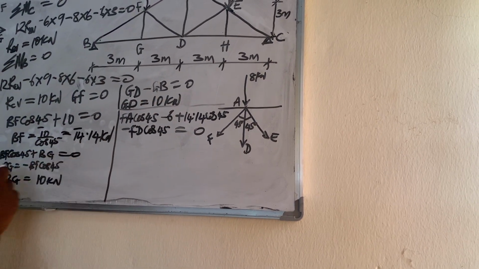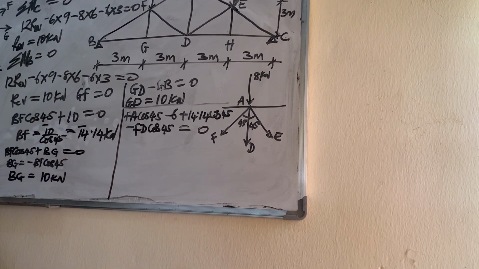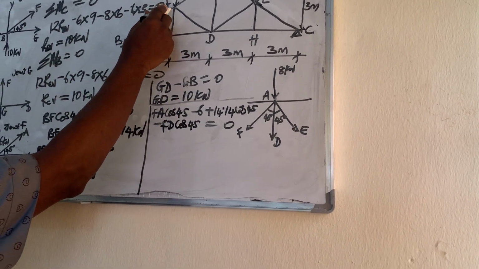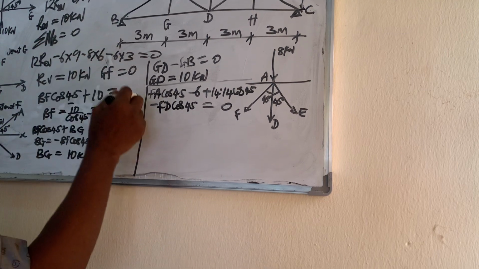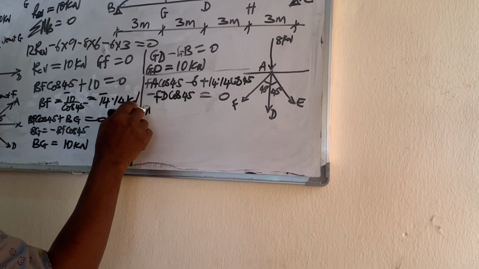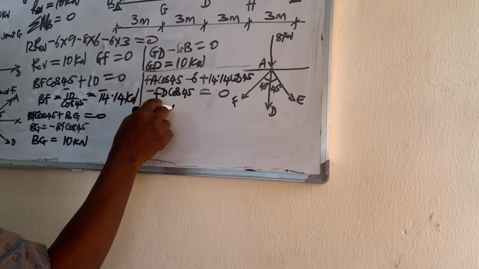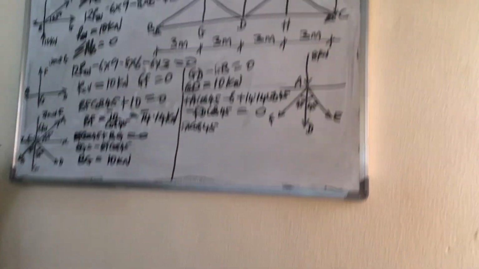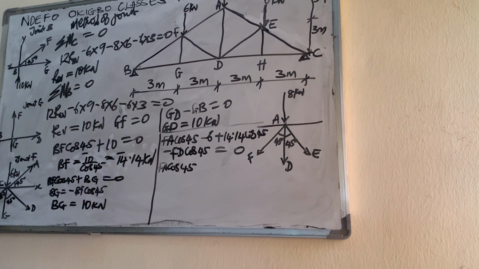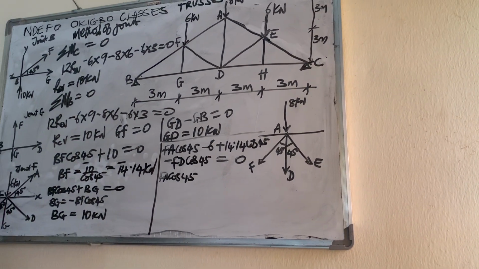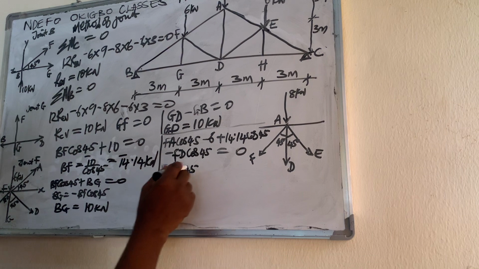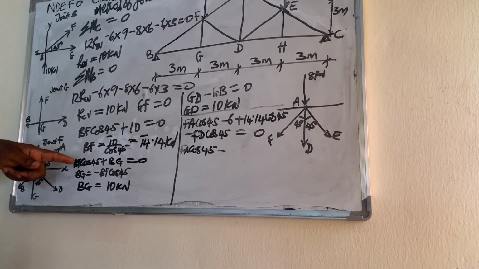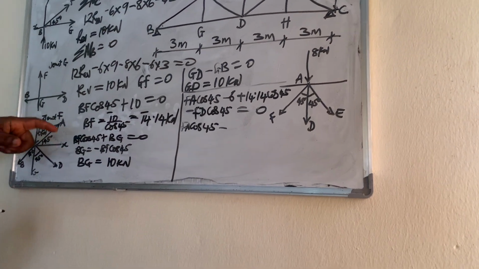So horizontally, I have FA cos 45, just like I have it here. We're talking of horizontally now. Then another horizontal value is minus FB, and we have FB already, so minus FB again.